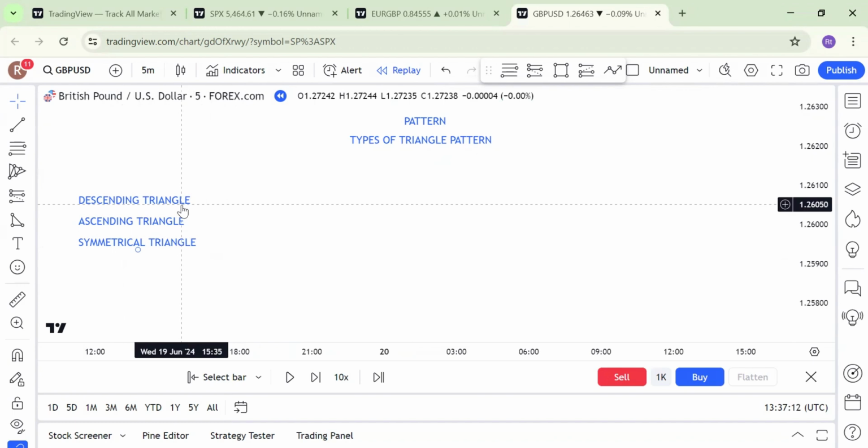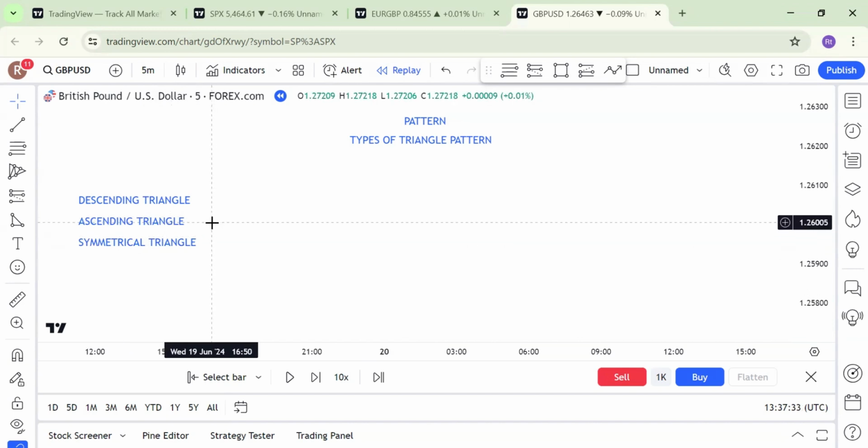But when you get an ascending triangle, you should know one thing also, that the market is going up. A symmetrical triangle means the market can go anyhow it likes.